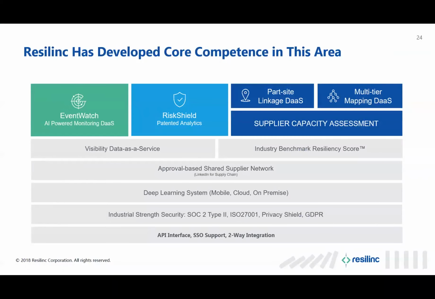This comes with different kinds of dashboards that help you highlight suppliers in the case of supplier risk. In the case of capacity assessment, you can easily understand which suppliers are more constrained and what the key risks in the supply chain are, based on the mapping that you have done.